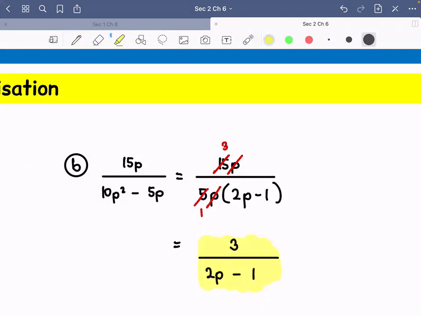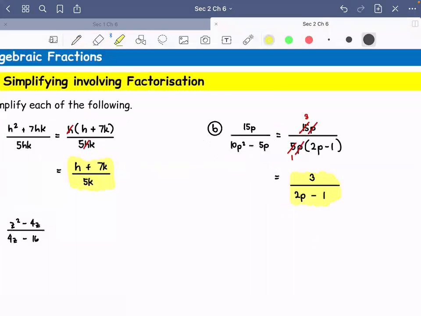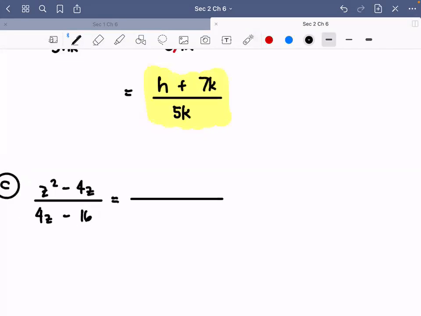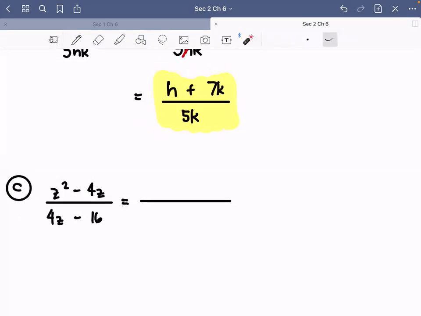What's your answer for letter B? All right, so let's do letter C. Last question for today. For letter C, we got z squared minus 4z over 4z minus 16. Let's find the common factor for the numerator.